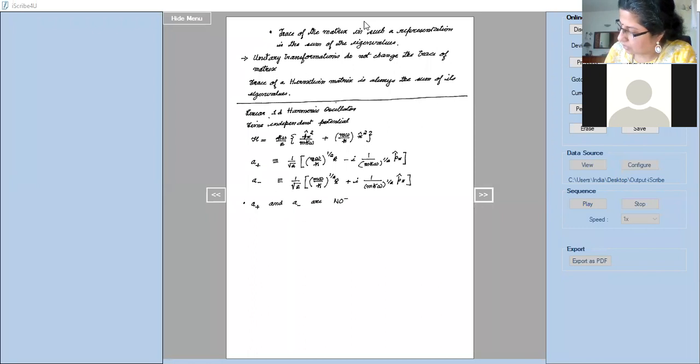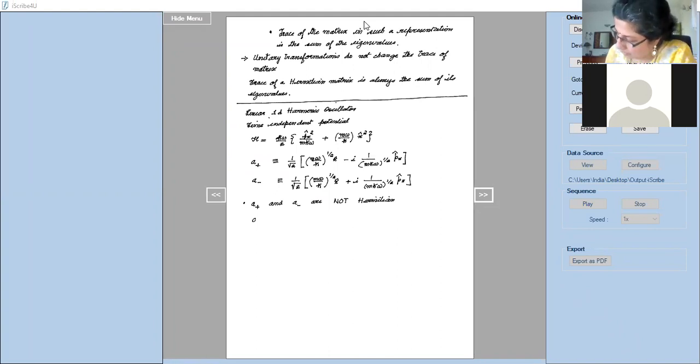This is important because you also need to know that not all operators are Hermitian, definitely. And remember, it's not just Hermitian operators that are important for us. There are other operators also that can be important, and a plus and a minus are examples showing that even operators which are not Hermitian can be useful.